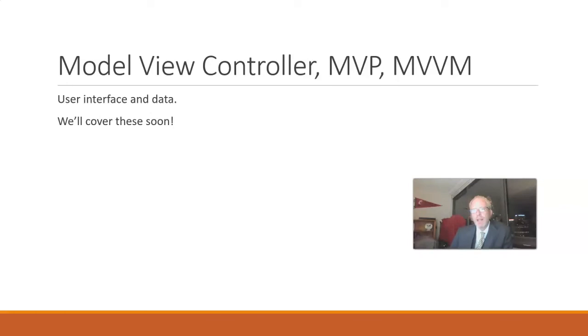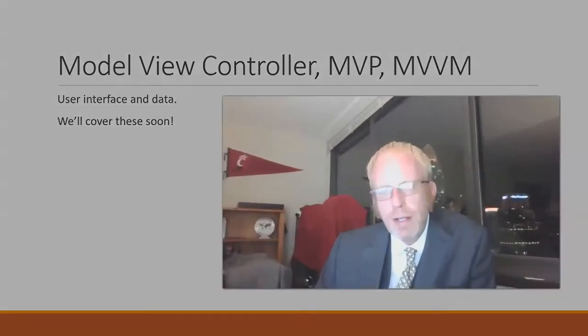For many, many years, we used one called Model View Controller, and that one's still common, and it's one that I'll cover in a future video. We now see a few other options there. One's called Model View Presenter and Model View View Model. Model View View Model is frequently used in mobile applications, and that's essentially taking advantage of observables to update the user interface for the user.